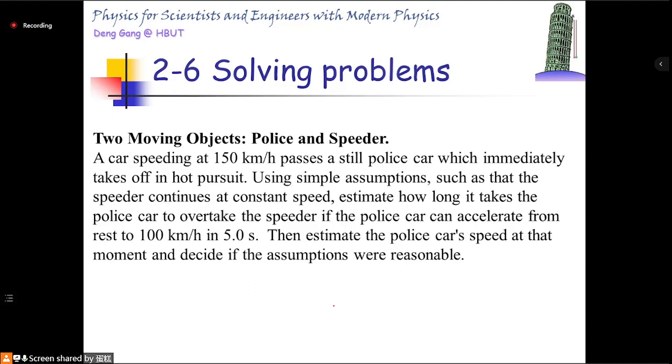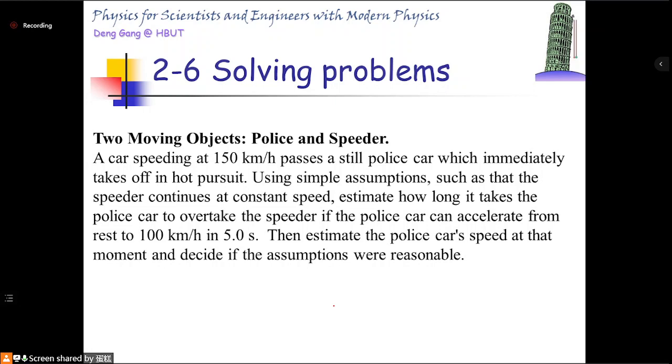Using a simple assumption, such as that the speeder continues at constant speed, estimate how long it takes the police car to overtake the speeder. If the police car can accelerate from rest to 100 kilometers per hour in 5 seconds, then estimate the police car's speed at that moment and decide if the assumption is reasonable.